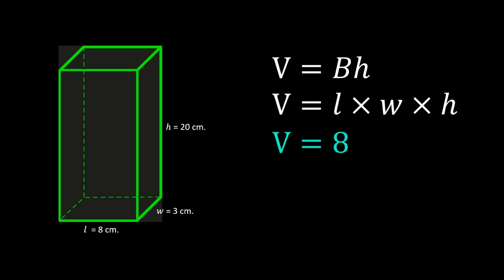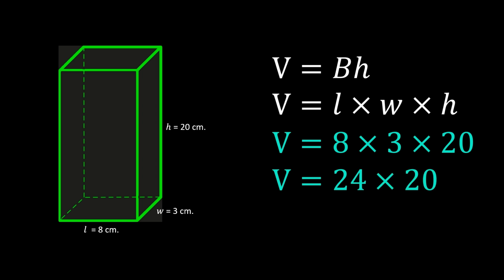So we're going to have volume equals, our length was 8, so we'll substitute 8 in for L, times our width. Our width was 3, so we'll substitute 3 for the W in our formula. And our height is 20, so we'll substitute 20 for H in our formula, which gives us volume equals 8 times 3 times 20. So for our calculations, we'll start with 8 times 3. 8 times 3 is 24, and we'll need to multiply 24 by 20.